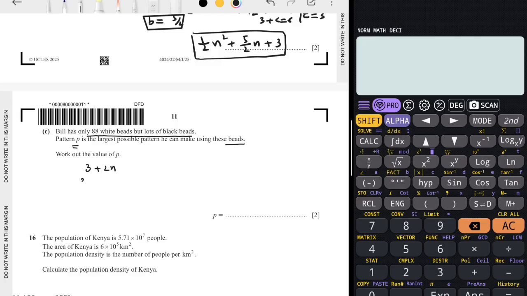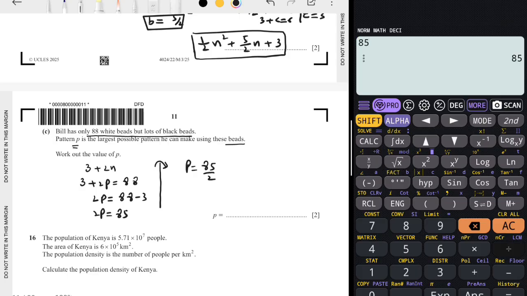So it would be 3 plus 2p is equal to 88. Now we'll move 3 to the other side, so 2p is equal to 88 minus 3, and 2p is equal to 85. We'll divide by 2, so p is equal to 85 divided by 2. We use a calculator, and it is 42.5. Since we have to find the largest possible pattern, that would be 42.